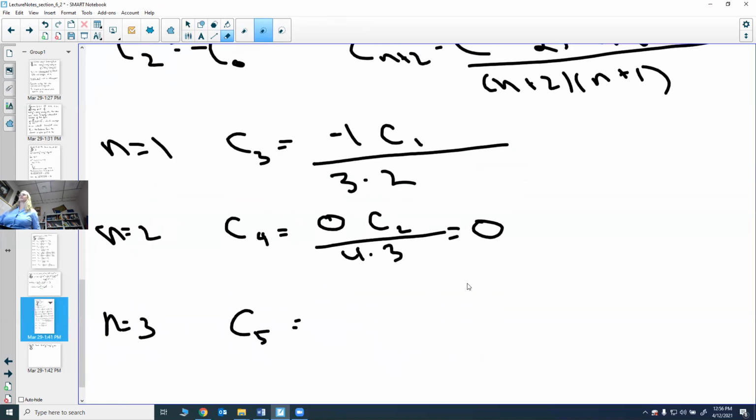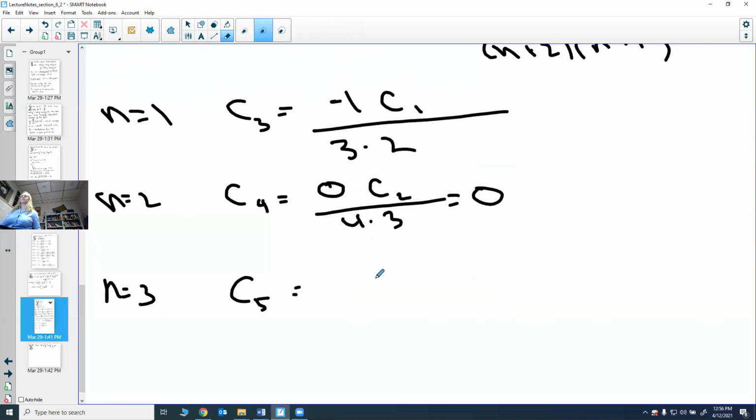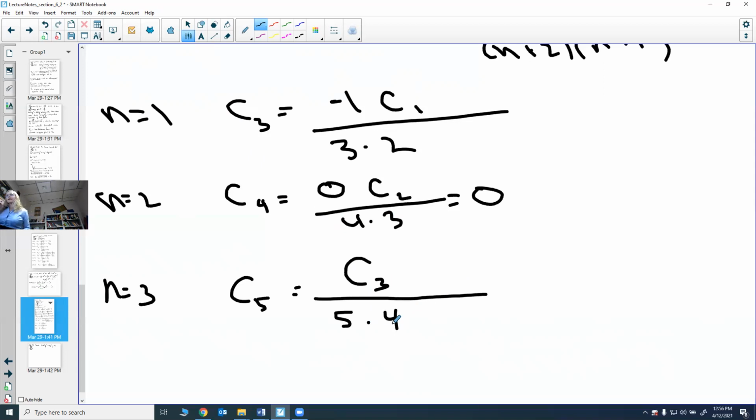So it's going to be 3 minus 2 is 1 times c sub 3, and then it's going to be 3 plus 2 is 5 times 3 plus 1 is 4, so 5 times 4. So again, if I happen to know what c sub 3 is, I can find c sub 5, but I do know what c sub 3 is. It's equal to negative 1 times c sub 1 over 5 times 4 times 3 times 2. Cool?